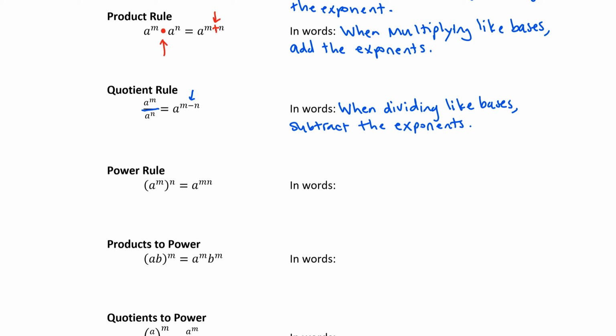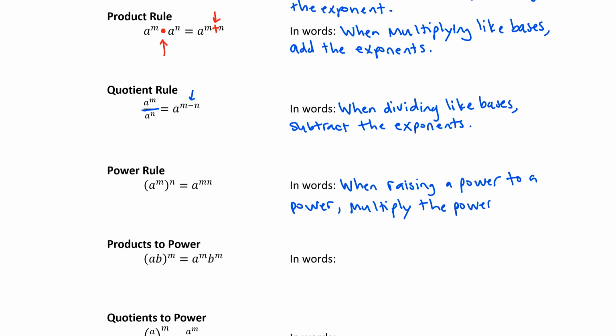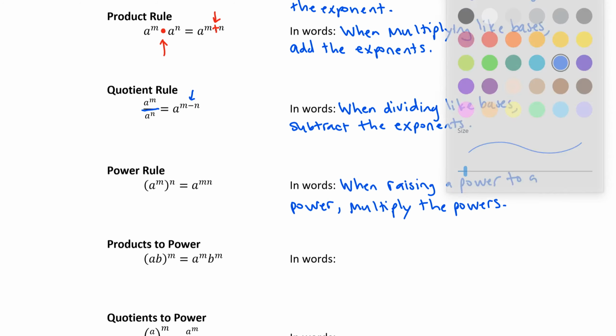If I take a base a and raise it to the mth power, and then raise that to the nth power, then we can simplify it by multiplying the powers. In words, when raising a power to a power, multiply the powers.